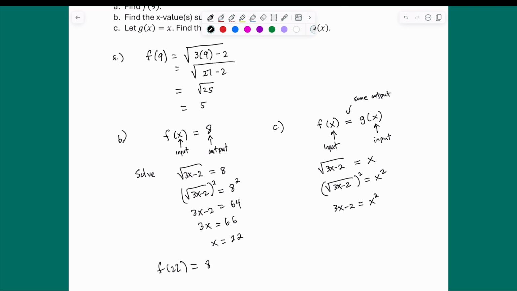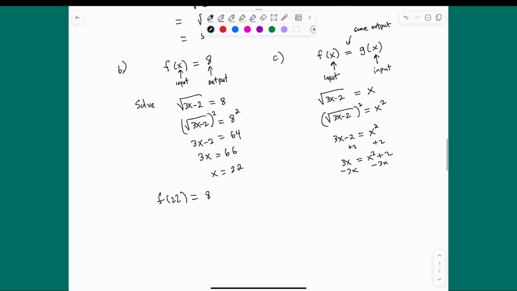Well, this turns out to be a quadratic equation. So we could add 2 on both sides, and we would get 3x equal to x squared plus 2. And I could also subtract 3x on both sides to get, on the left here, 0. And on the right, we get x squared minus 3x plus 2.